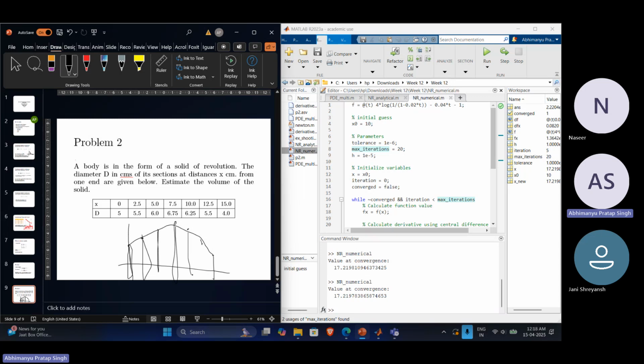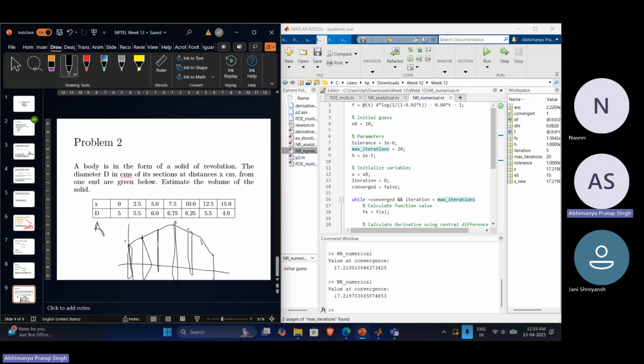So we get a vector of all the areas for all the x values, and then we use either the trapezoidal rule or Simpson's rule to get the volume of this entire thing, right? That is what we do with trapezoidal, right? We have a function value at a point, and then we integrate that value from one point to another point.